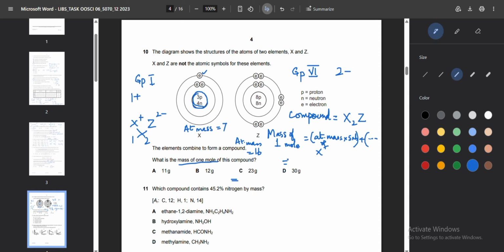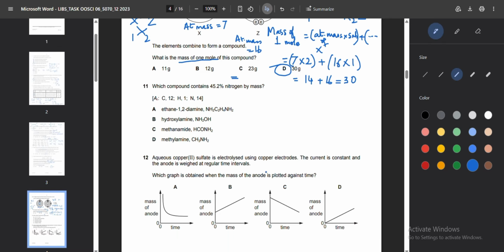The atomic mass of X is 7, the subscript is 2, so 7 multiplied by 2, plus the atomic mass of Z, which is 16, with subscript 1. Now you can do the calculation. It would be equal to 14 plus 16, that makes 30. So our correct option is D.